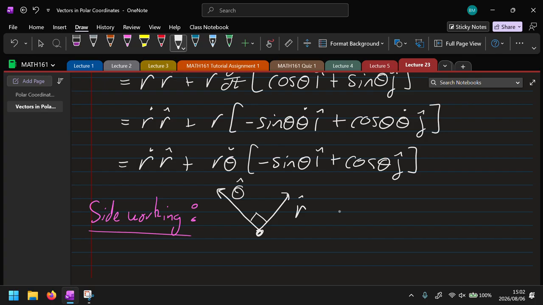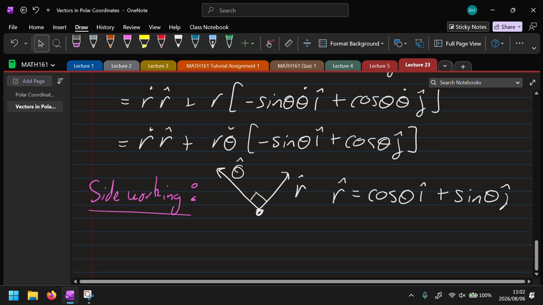So let's write down what r hat was. Okay. And we see that theta hat over there is always 90 degrees ahead of r hat. You've got r hat, you rotate by 90 degrees, that will give you theta hat. Does everyone see that?